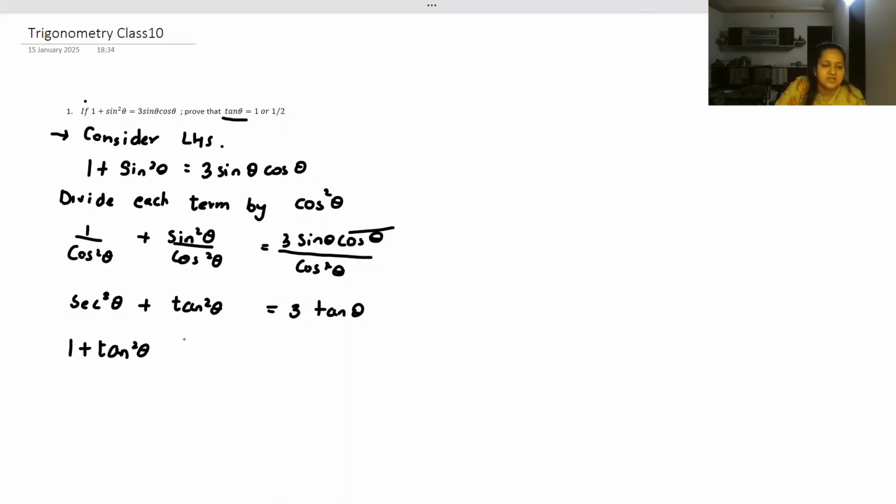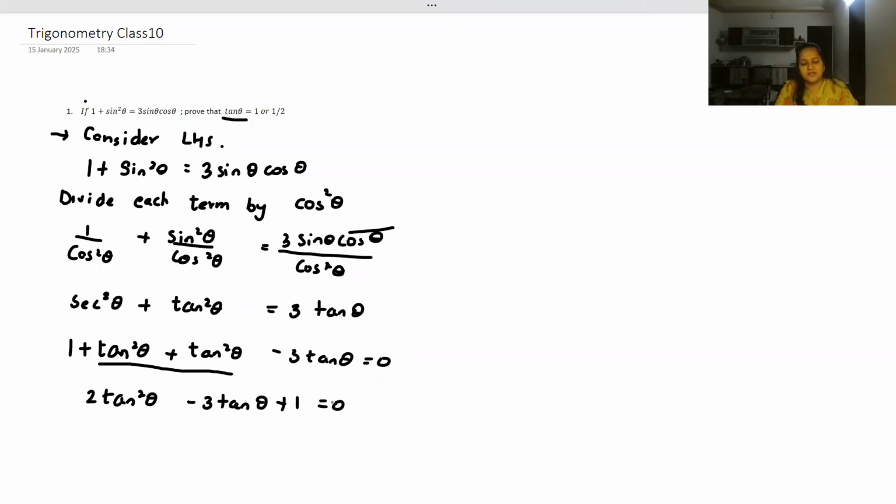The identity tells sec square theta is 1 plus tan square theta, plus tan square theta minus 3 tan theta is equal to 0. We've transferred everything on one side. So now we have tan square plus tan square, which gives me 2 tan square, minus 3 tan theta plus 1 is 0.